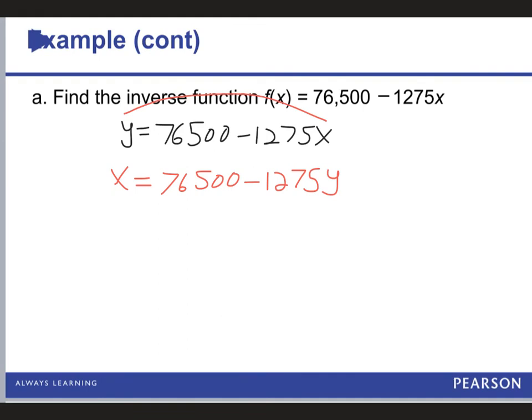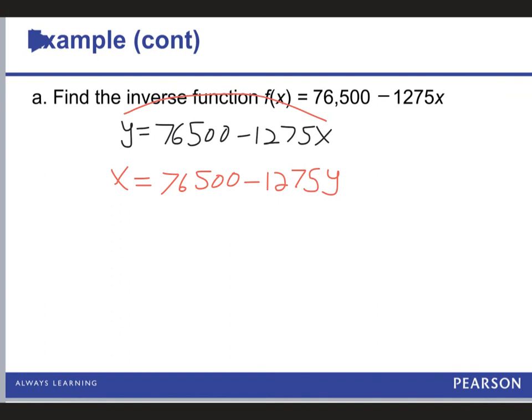And now the next step is to solve this equation for y. Now I don't want to end up dividing by a negative because I'm going to have a fraction. One thing that's allowed is you can do anything to an algebraic equation as long as you do it to both sides. And so I'm going to multiply everything by -1, which is going to change the signs.